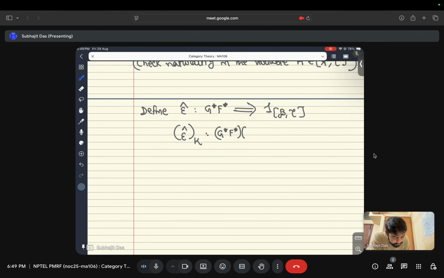And we know that if epsilon denotes the co-unit of the original adjunction, then epsilon is from FG into 1_B. So we can just take this to be K epsilon. So K epsilon is from K composed with F composed with G into K.